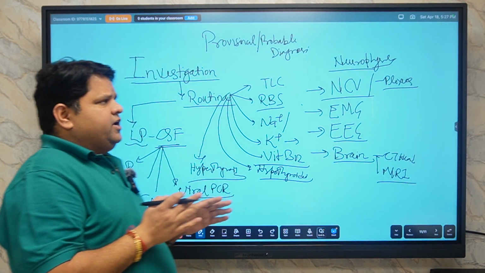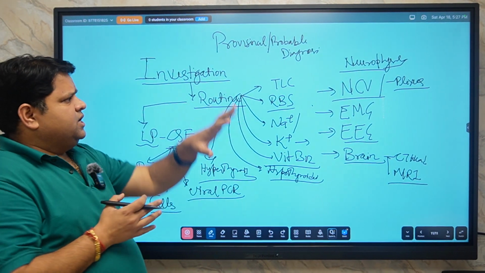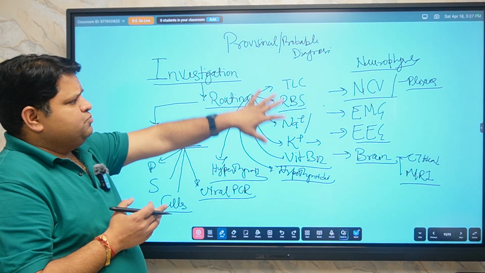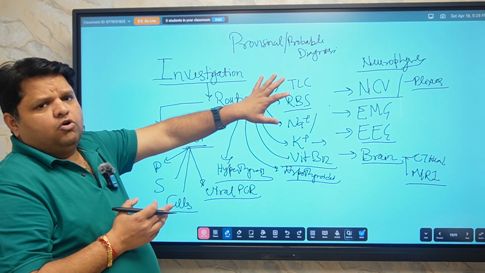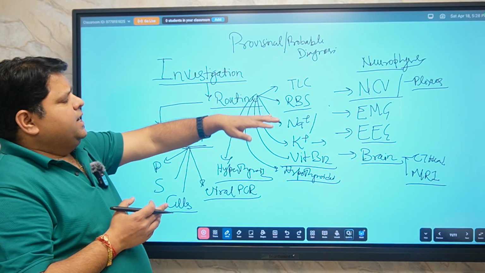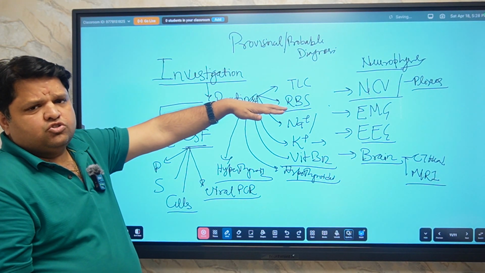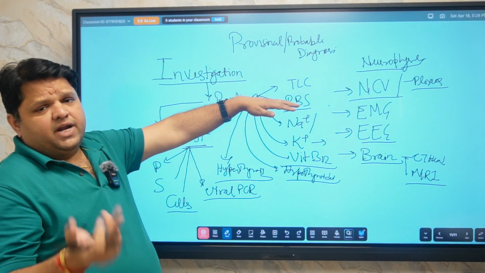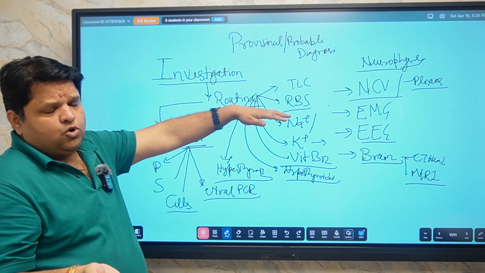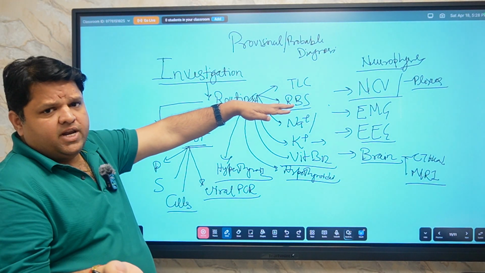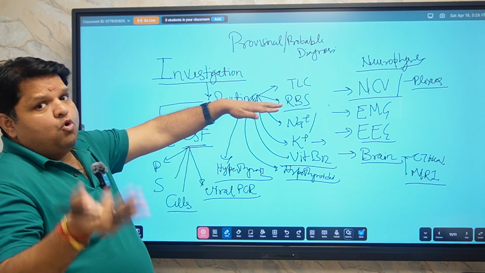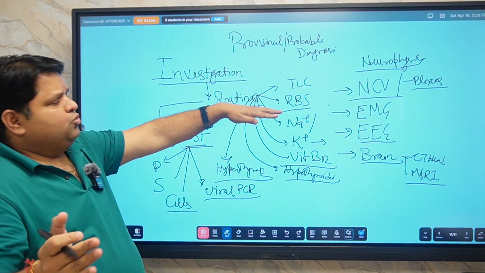So from the neurology point of view, we have various investigations. Routine investigations may also help find the etiology of the lesion. Blood sugar: hypoglycemia may cause loss of consciousness and seizure; hyperglycemia may cause movement disorders like hemichorea, hemiballismus, and coma, hyperglycemic hyperosmolar coma.